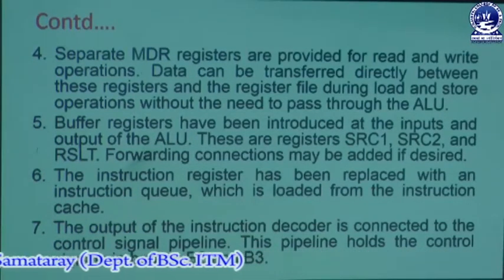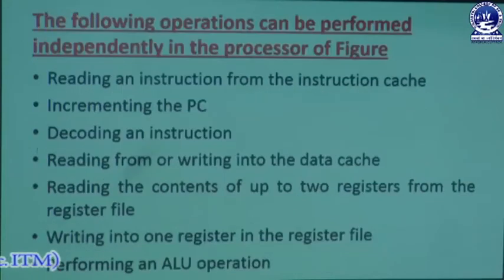Then the next concept is: what operations can be performed independently in the processor of the figure? So what operations are we actually performing? The operations are reading an instruction from the instruction queue, and then incrementing the PC, because in the previous diagram these are the operations.